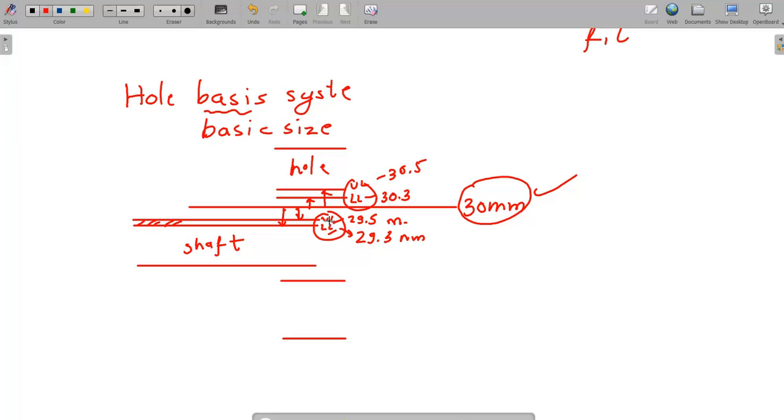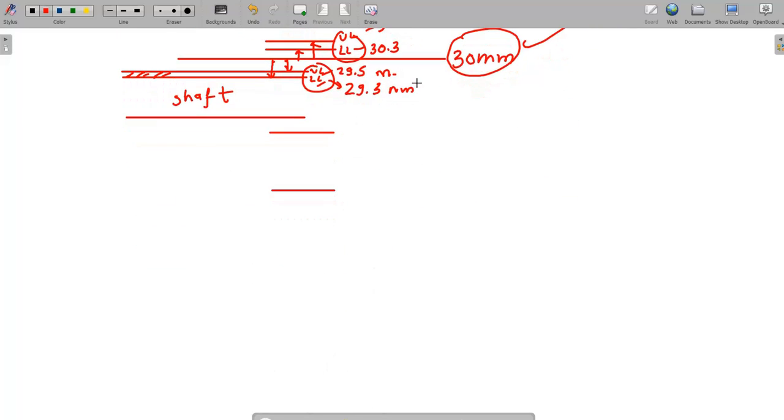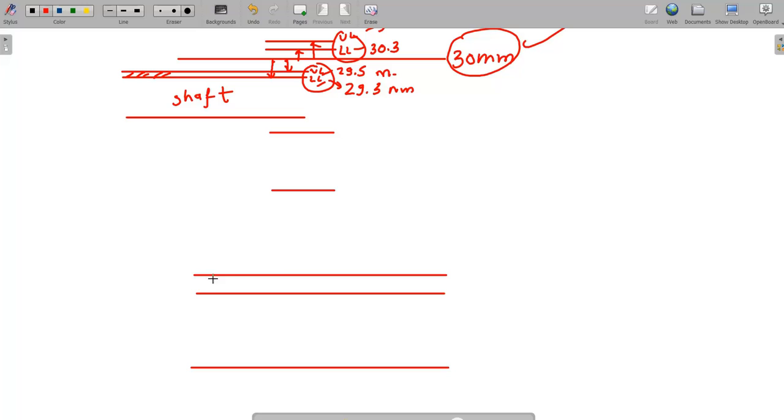Now what is hole basis system? Now in this case, as you were told, hole is my basis. Now see, consider the same example. Okay, same example, I will consider shaft. In this case I'll draw a slightly bigger size. Okay, so this was the tolerance of shaft.